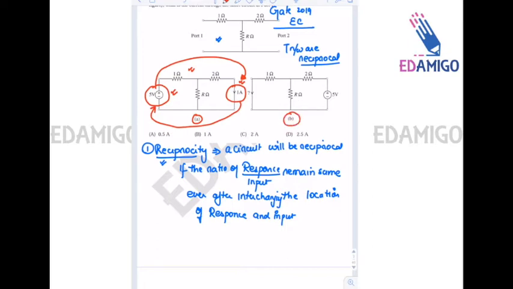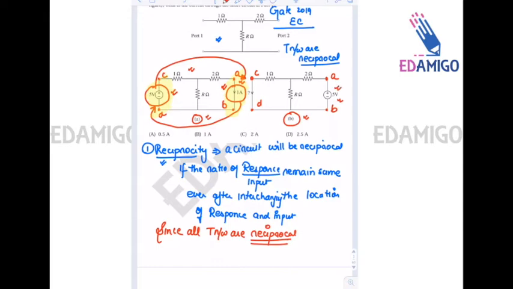For example, say node A, node B, node C, node D. In figure A, I was providing voltage between the terminals C and D and measuring current between the terminals A and B. Now in figure B I just interchange the location: between A and B I am providing a battery and measuring the current between C and D. Since all T networks are reciprocal, the ratio of response divided by input remains the same.